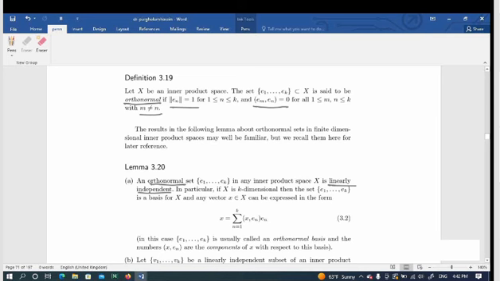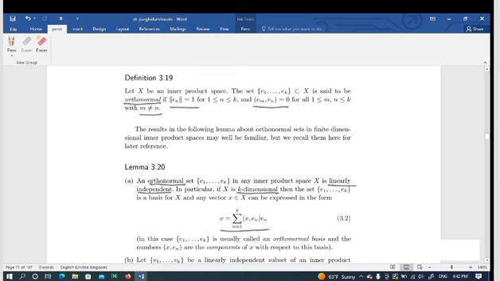In particular, if X is k-dimensional, so the dimension of X is k, there is a basis E1 to Ek for X, and for any vector x we have this equation.